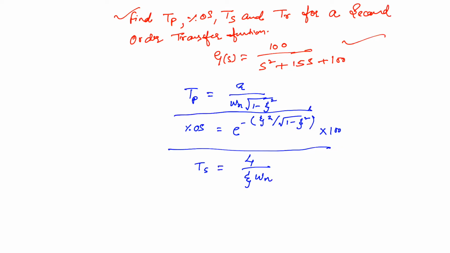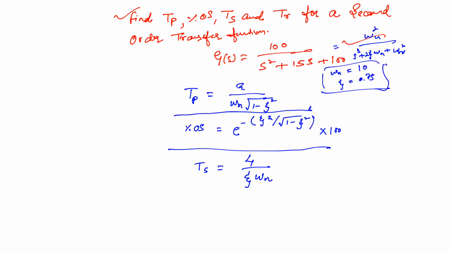Comparing this equation with the standard form, omega n squared divided by s squared plus 2 xi omega n s plus omega n squared, we get omega n equals 10 and xi, that is the damping ratio, equals 0.75. So we get these two values.